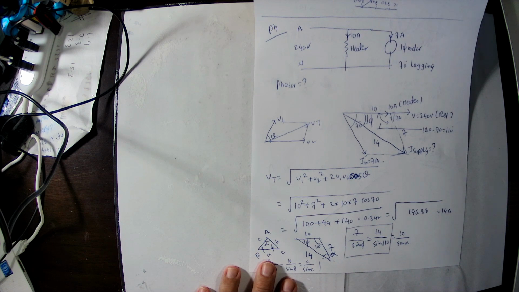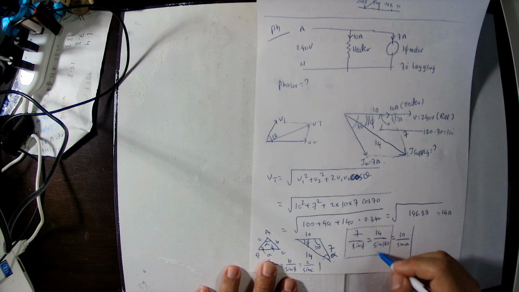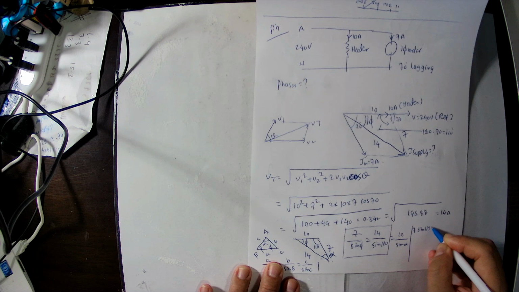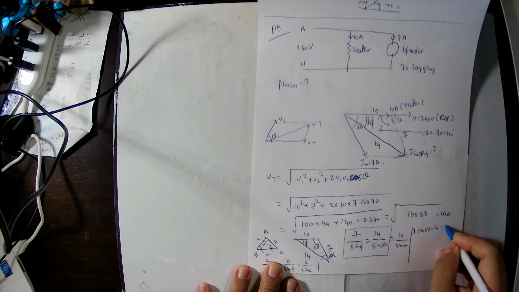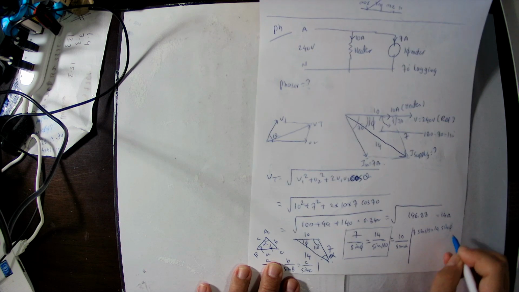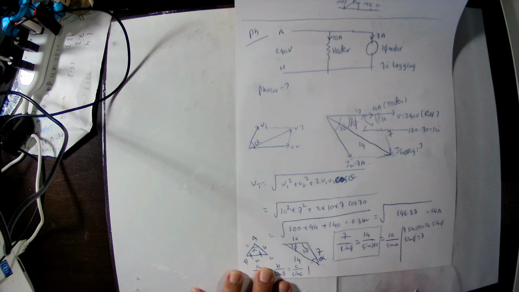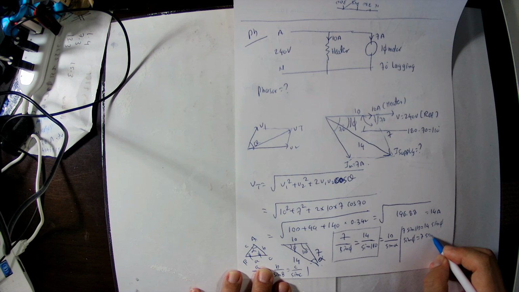So the cross multiplication: 7 sine 110 equal to 14 sine phi. So sine phi equal to 7 sine 110 divided by 14. So we calculate sine phi.